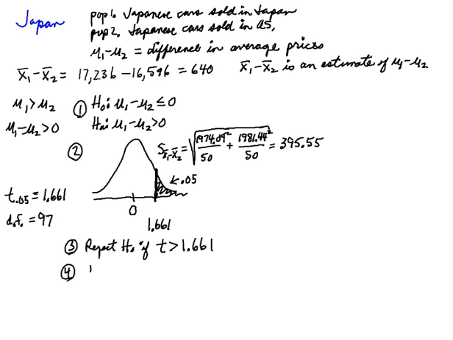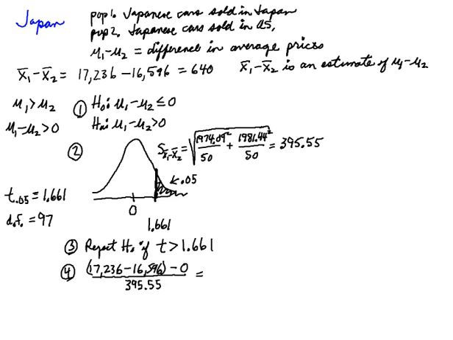That's the 17,236 minus, we're estimating the difference, so minus the 16,596, and then we are comparing that to 0, and divided by my standard error, the standard deviation of the sampling distribution.